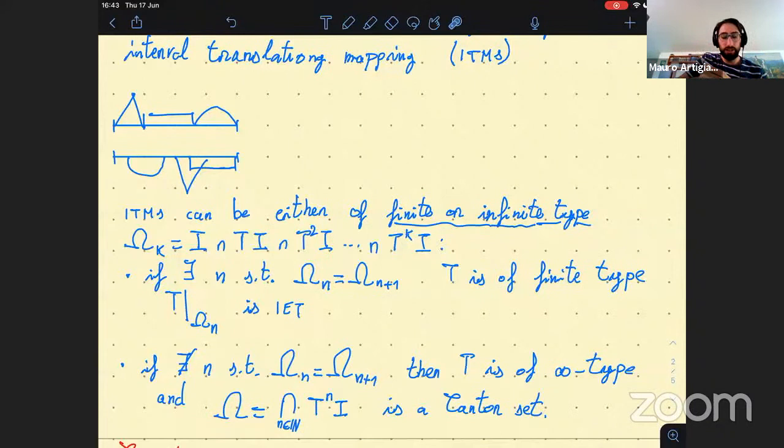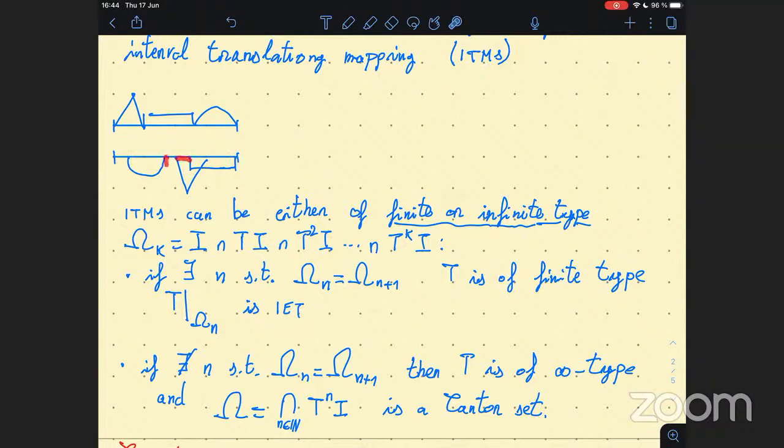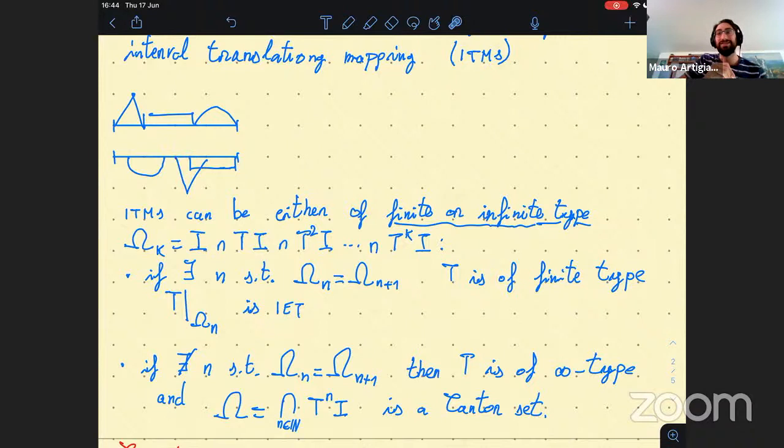Because the point is, once you exclude the intervals that get mapped to the border of your interval, then the trick is that the overlap is exactly the size of the hole. And then this allows you to move back from double rotation to 3-IETs.